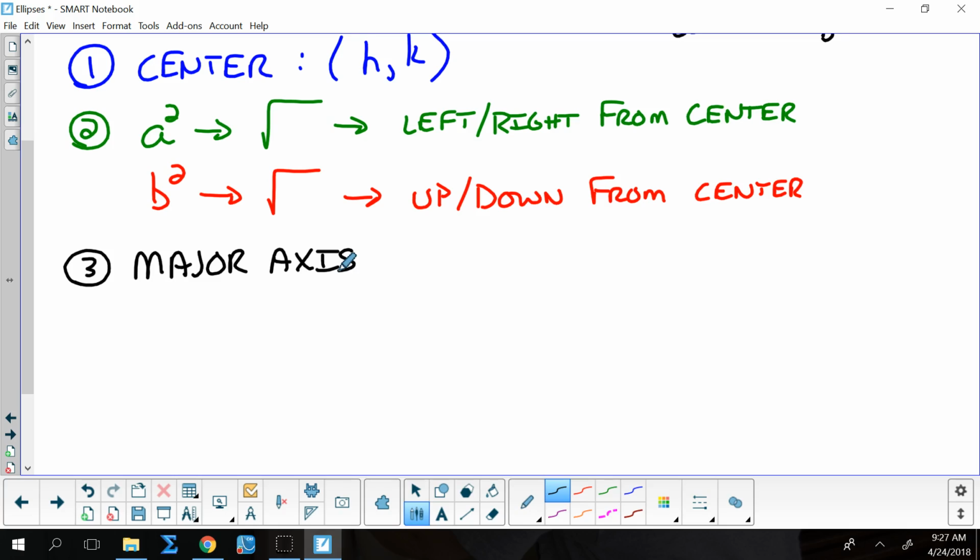The foci are on it, and the vertices are on it. So from the major axes, the vertices are, you remember what we called them? Endpoints. Yep.